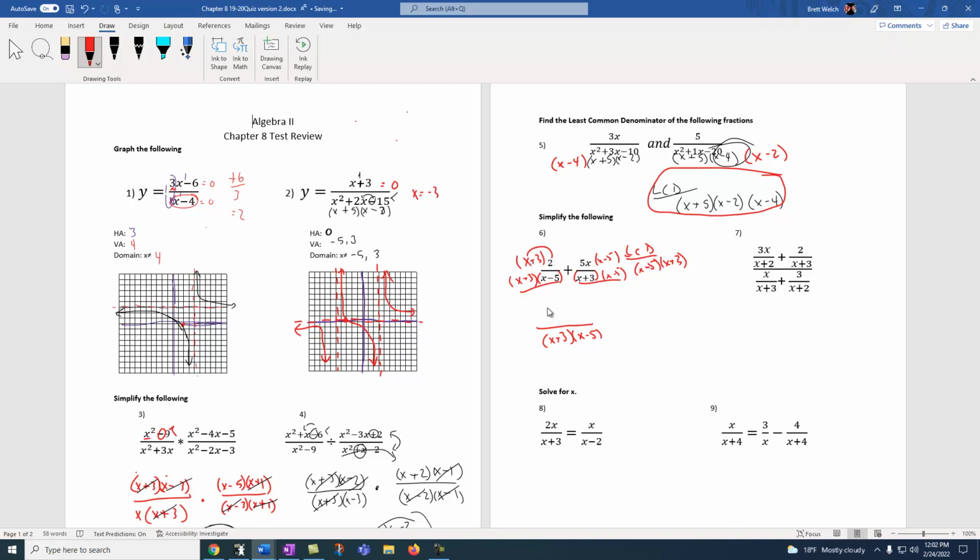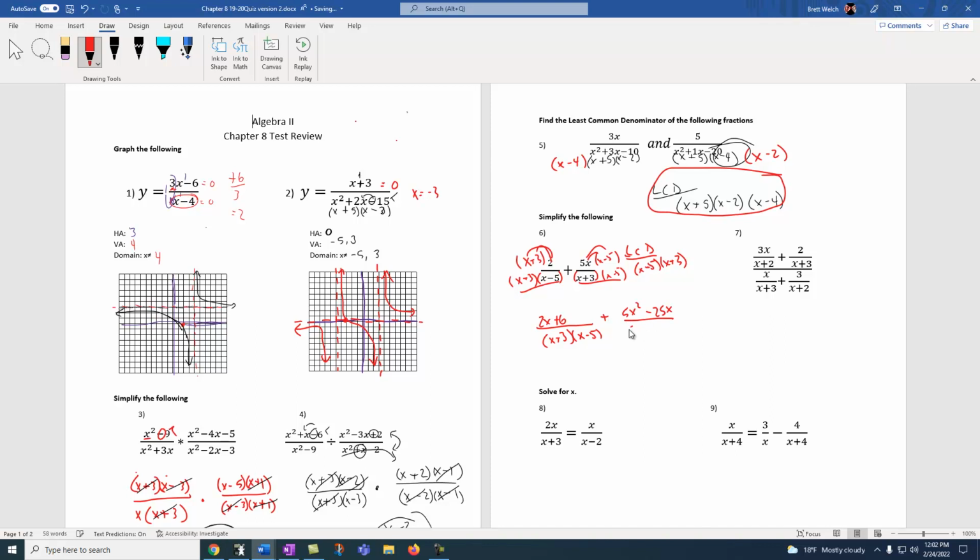X times 2 is 2x, and 2 times 3 is plus 6. I'm going to add to that. 5 times x is 5x, and 5 times negative 5x times, sorry, that's 5x squared, my bad. 5x times x is 5x squared, and 5x times negative 5 is negative 25x.